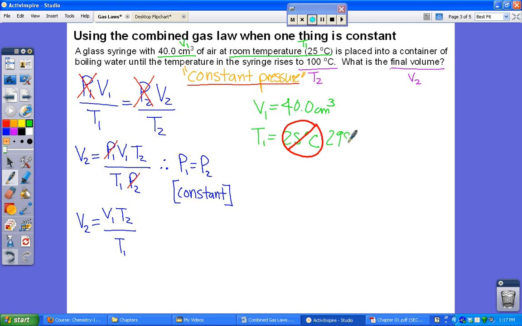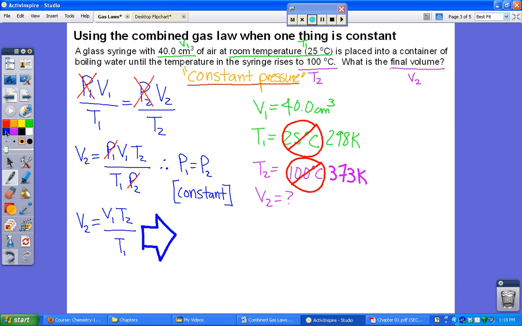It's equal to 298 K. T2 is equal to 100 degrees Celsius, except it's not, because it's equal to 373 K. V2 is what we're looking for. So if I take the equation that I've already developed and then solve it, I end up with this.